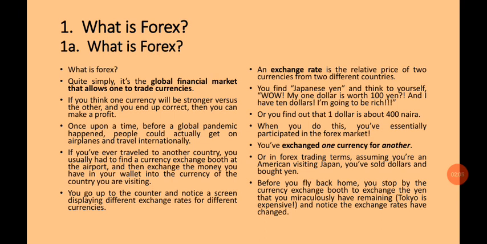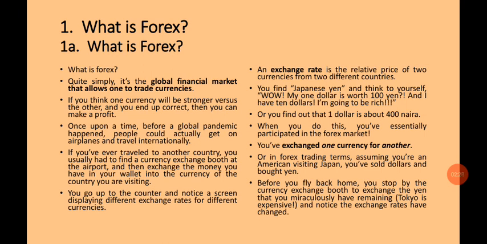If you've ever traveled to another country, you usually had to find a currency exchange booth at the airport and then exchange the money you have in your wallet into the currency of the country you are visiting. You go up to the counter and notice a screen displaying different exchange rates for different currency.